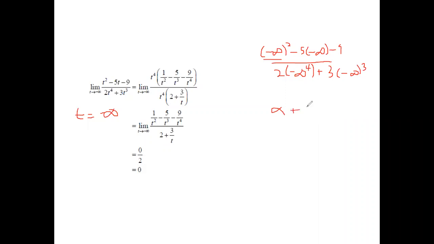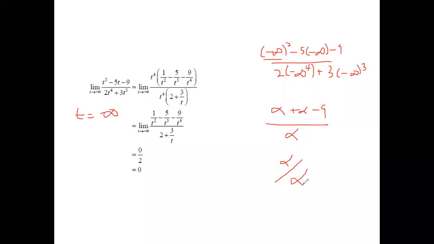So the numerator will actually be equal to infinity. Then again, the denominator will also be infinity, because 2 times infinity will still give you infinity, plus 3 times infinity is also infinity. Infinity cubed is infinity. So numerator and denominator are both going to be infinity over infinity.